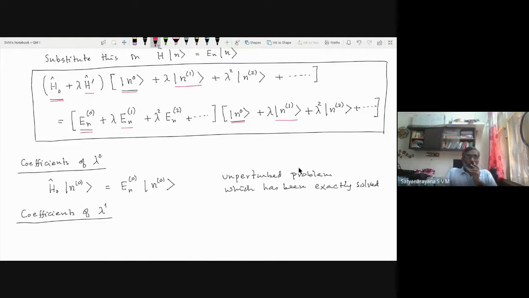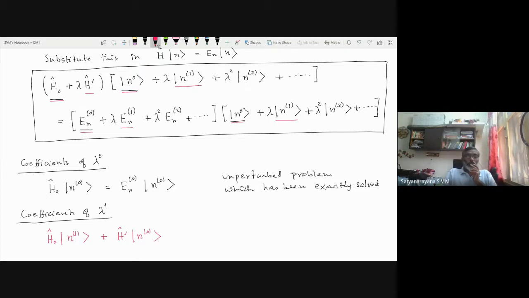So that is H0 acting on n1 plus H prime acting on n0.